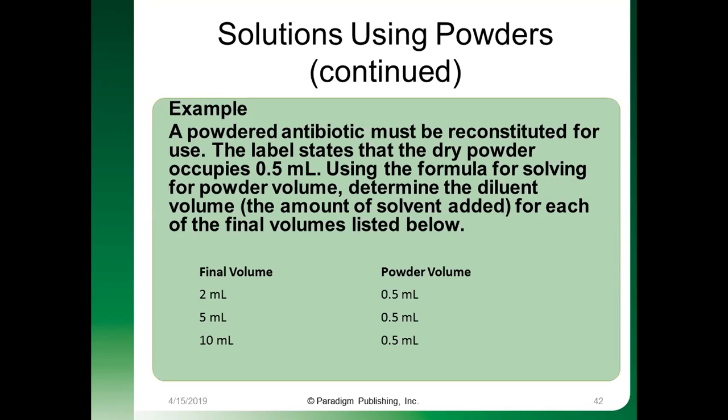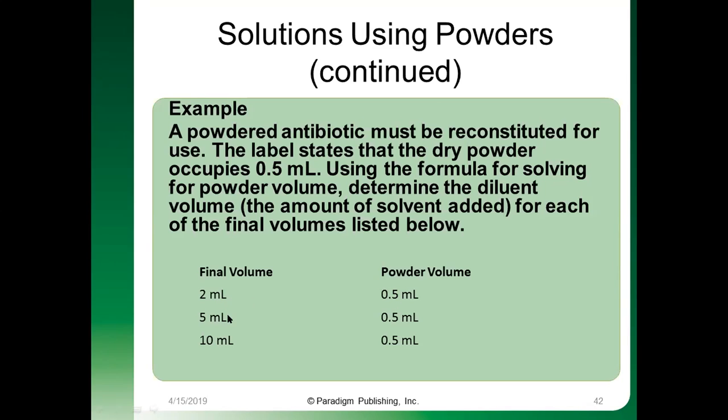So in these three problems, we want to know the diluent volume because we have the final volume and we have the powder volume. So 2 mLs is the final volume and the powder volume was 0.5.